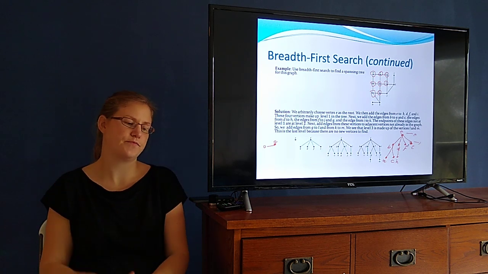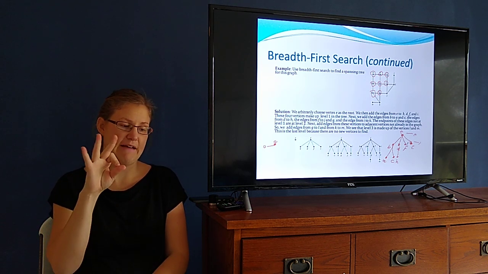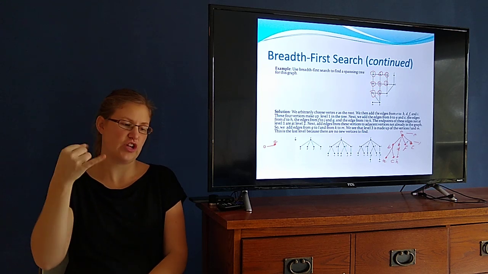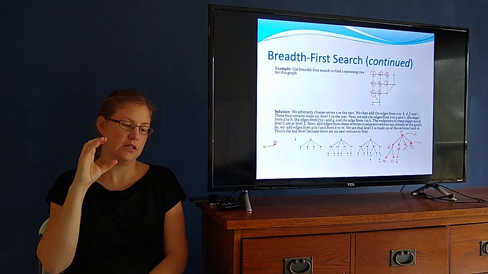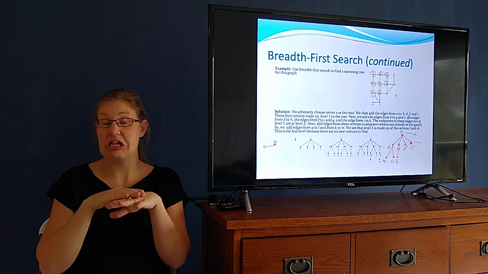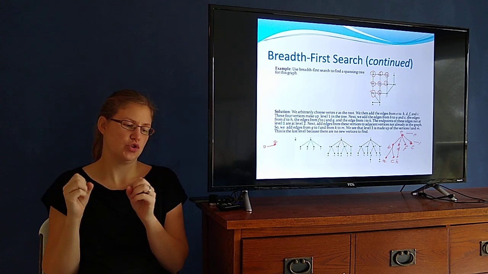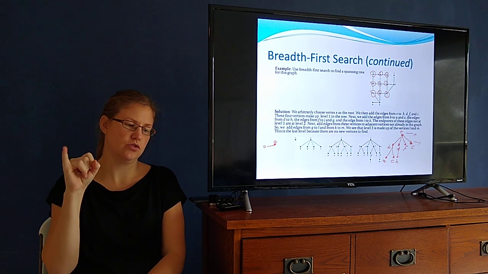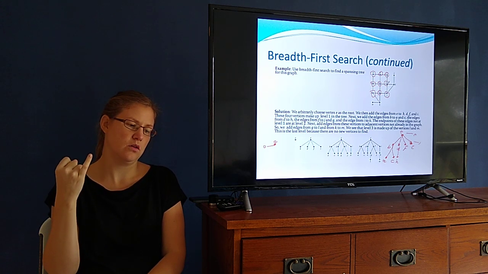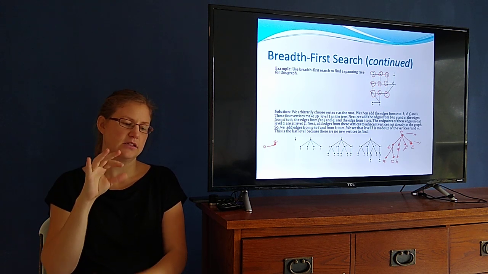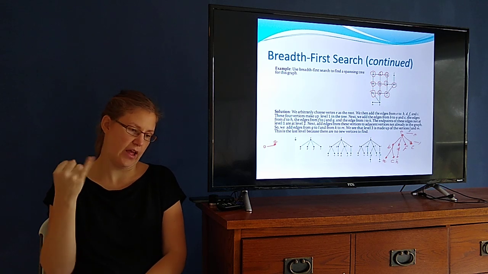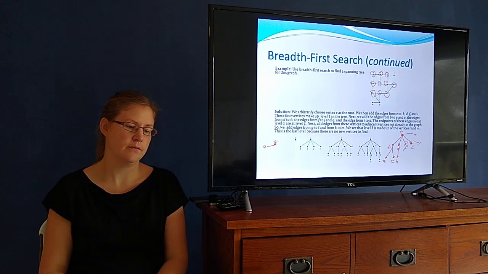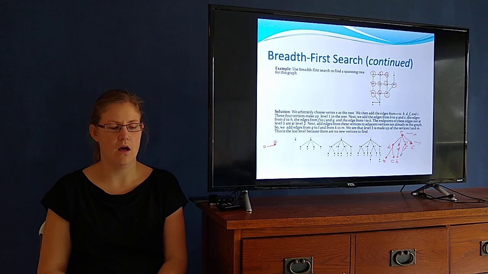Now we have F. F is connected to C and J, but C is already discovered or has been visited. So F is connected to G and J.